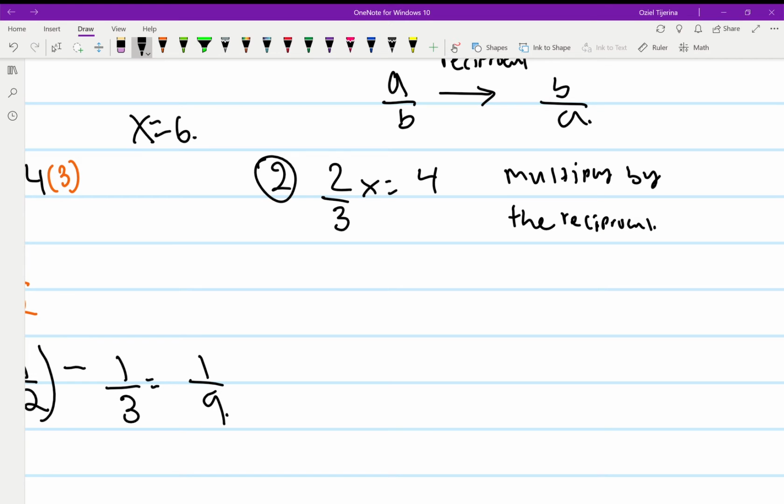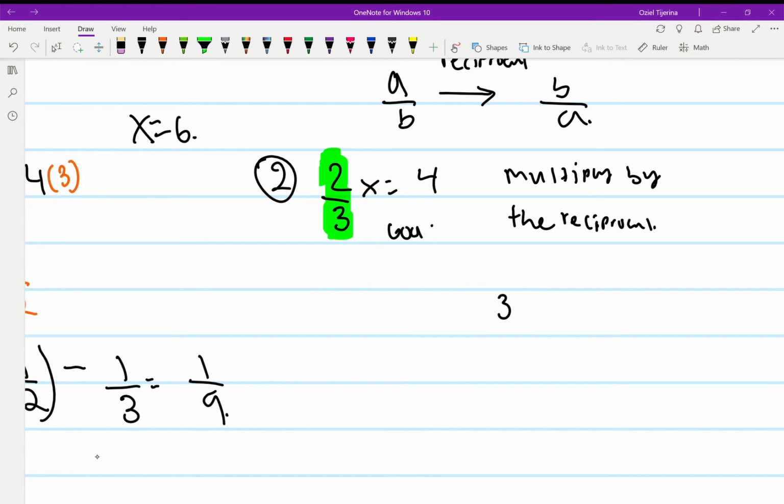One thing to notice is that you're not including your x here. You're solving for x. You're trying to get rid of this 2/3 here, so you should not include your x. You want to cancel out this 2/3.